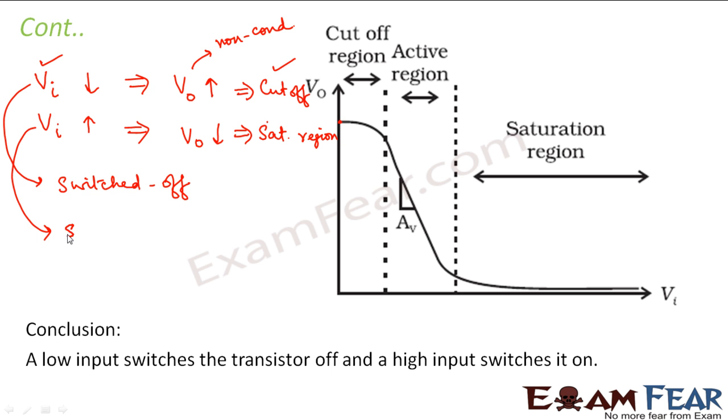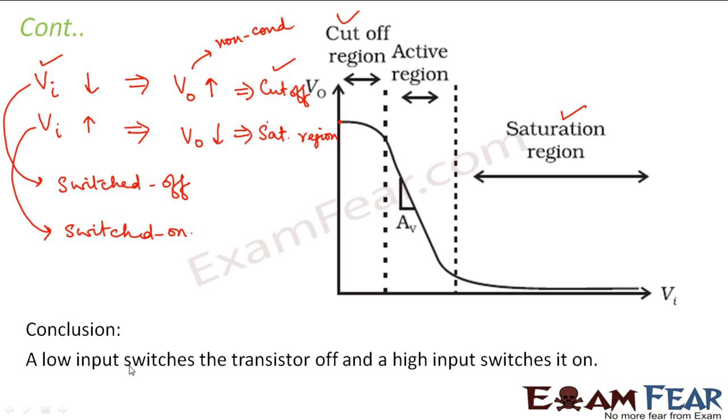So now the transistor is conducting and it is said to be switched on. So we see that the transistor behaves as switched off in the cutoff mode and switched on in the saturation mode. So a transistor can behave like a switch only in the cutoff region or saturation region and not in the active region.